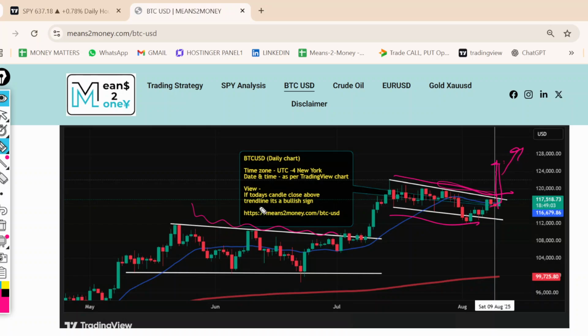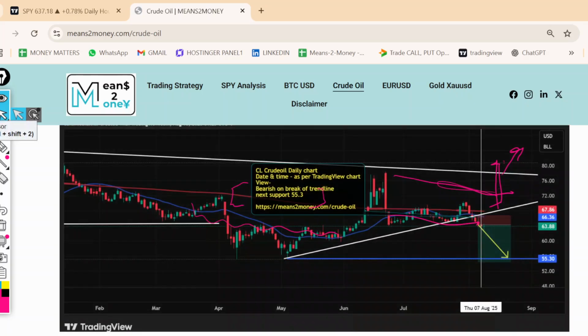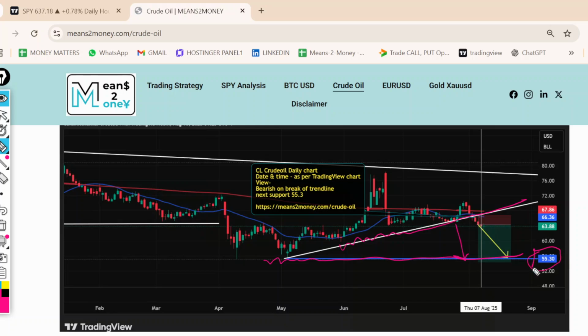That opinion has already been communicated here. Similarly, we have crude oil. Crude oil is the bearish view, already broken this supporting trend line. This trend line has been broken and it is expected to reach this support resistance level at 55.3.